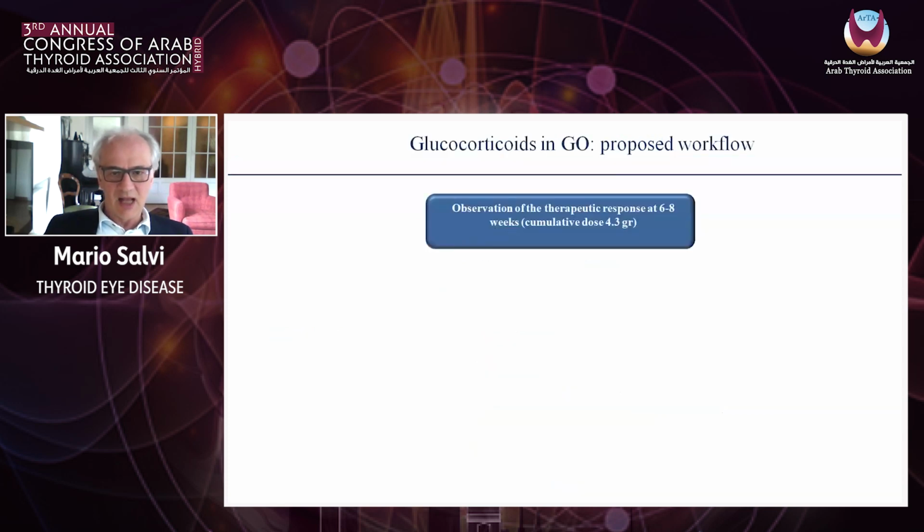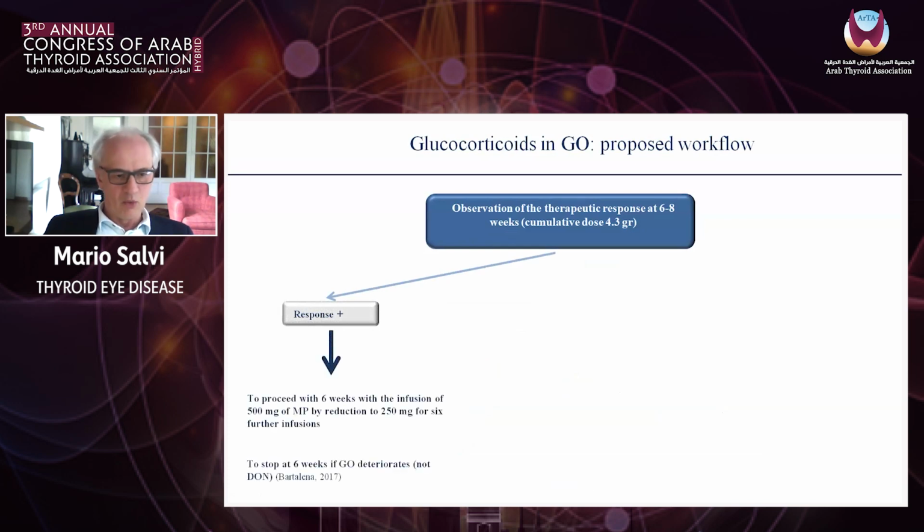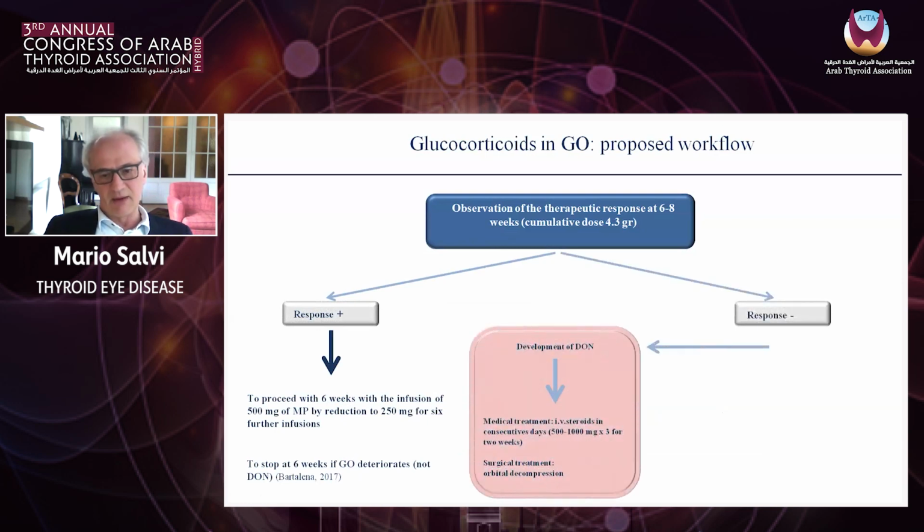So this algorithm was proposed for how to move on when we apply steroids as a first-line treatment to these patients. If we have a response after 6 weeks, we can proceed with infusion and complete the cycle of steroids. If there is no response at 6 weeks, we do not expect that the patient will respond, so we have to move on to something else. And what is it?